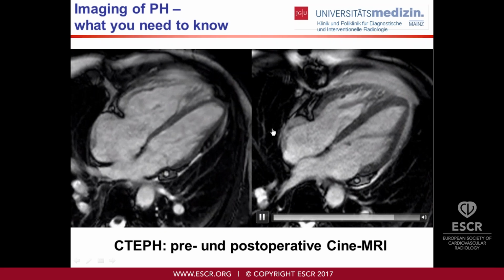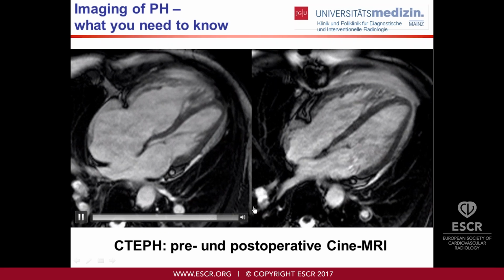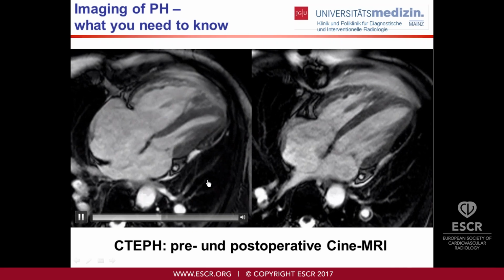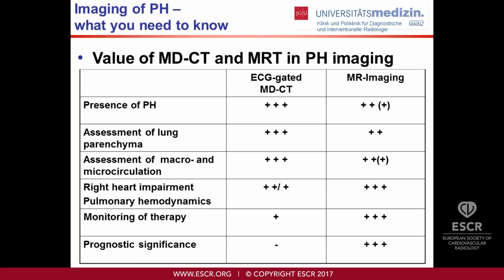With the assessment of macro and microcirculation, there are some advantages for CT, especially for macro circulation for the large vessels. For perfusion imaging, I think both are equivalent, but we don't have the corresponding studies available at the moment.